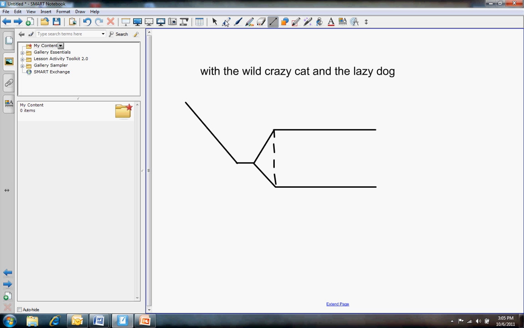So we have with is our preposition, and we will cross that out. Now we have two objects of the preposition, and we have one conjunction.